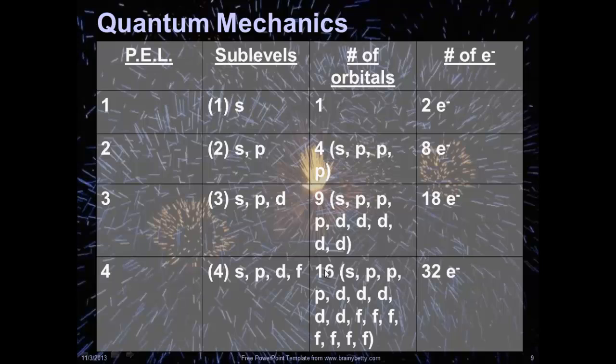And we could go ahead and put the same list for energy levels 5, 6, and 7. If you remember from either biology or junior high, you might notice that you've seen these numbers before. When you draw the pictures of the planetary model with the rings, the electrons are in the rings around the outside, these are the numbers that you usually have to memorize: 2, 8, 18, and 32.